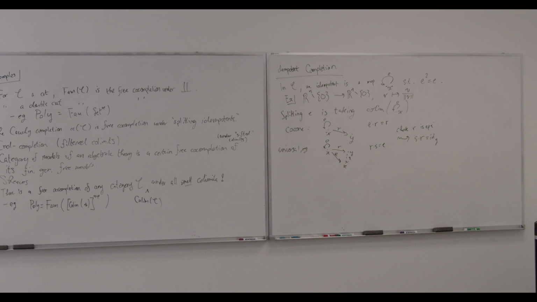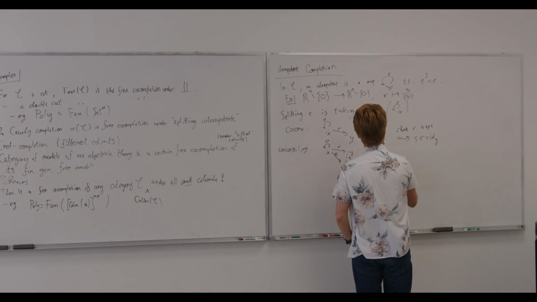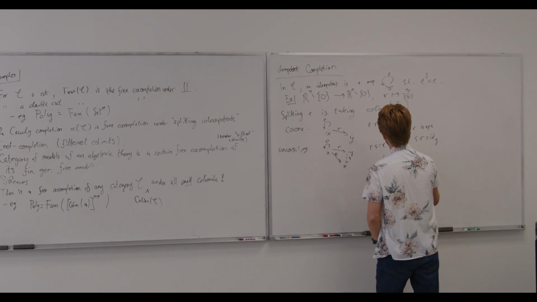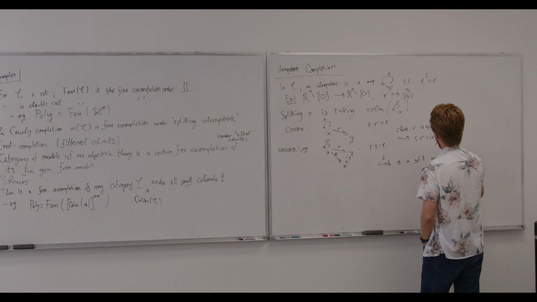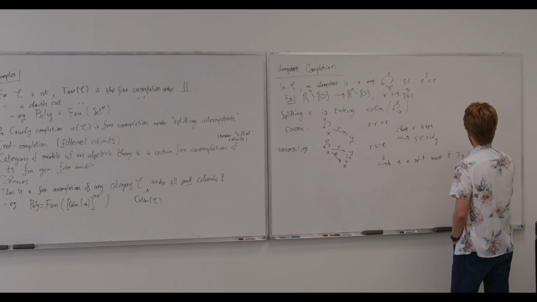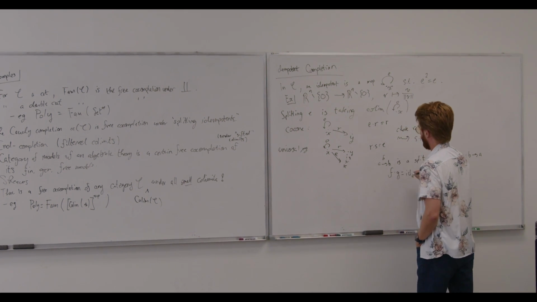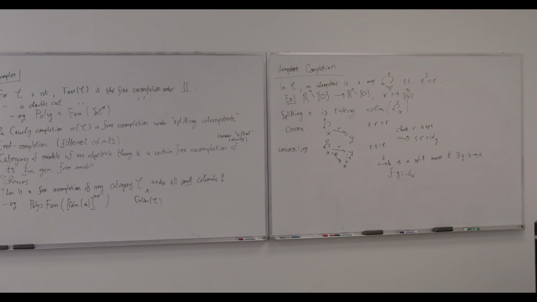Yes. Can you say a sentence? Yeah. F is a split mono in a category if there exists G with F then G the identity of A. So here, S is a split mono, and R is a split epi.